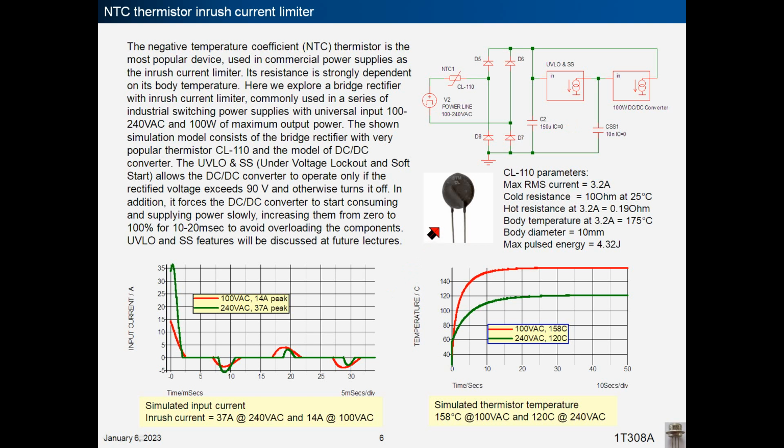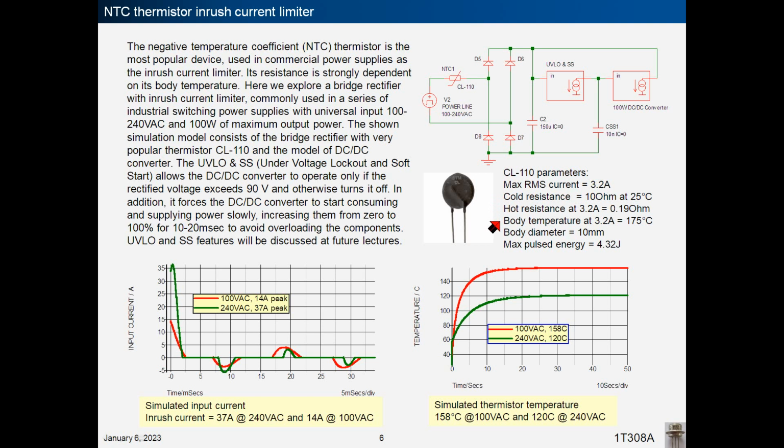This is the CL110 thermistor. It's a disc with leads. Its parameters: maximum RMS current is 3.2 amps. Cold resistance is 10 ohms at 25 degrees C. Hot resistance at 3.2 amps is 0.19 ohms.